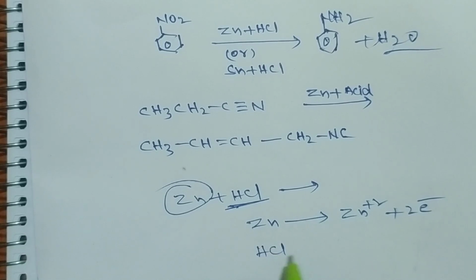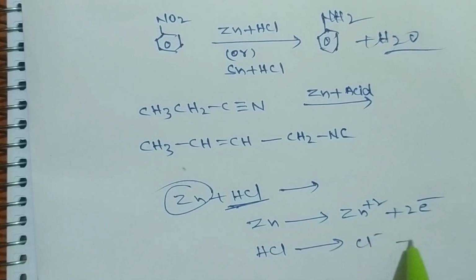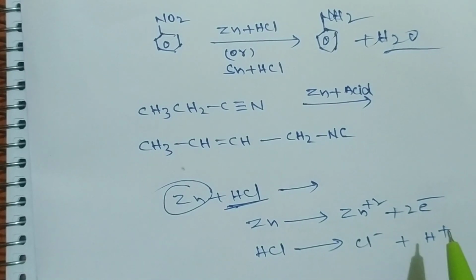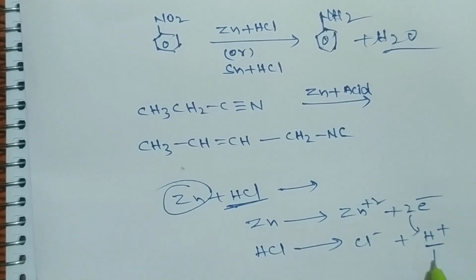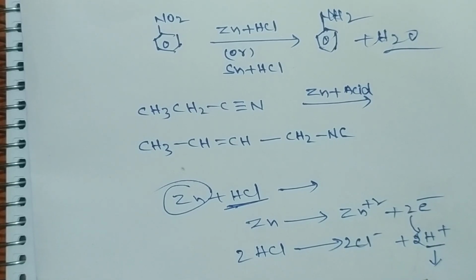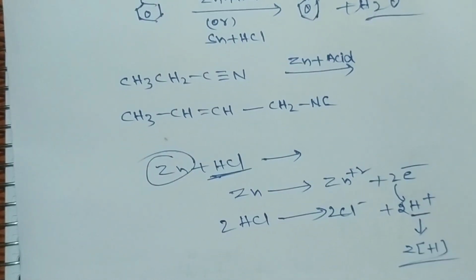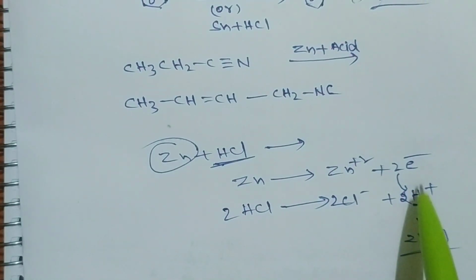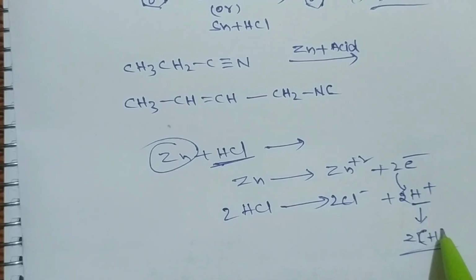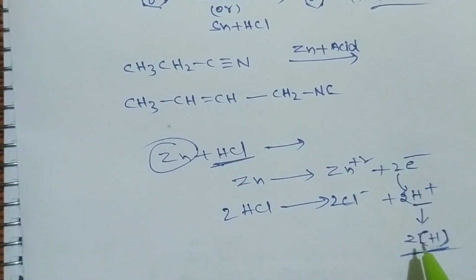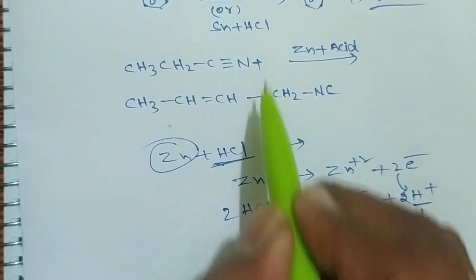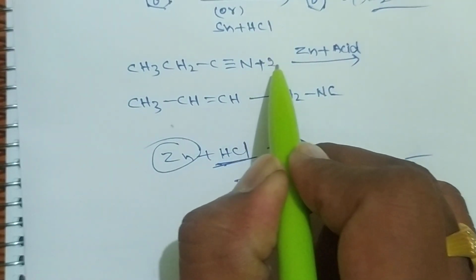H plus does not have any electrons, so these electrons are gained by hydrogen. 2 H plus ions, each gaining 1 electron, are converting into hydrogen atoms. Now these hydrogens are reacting with this.